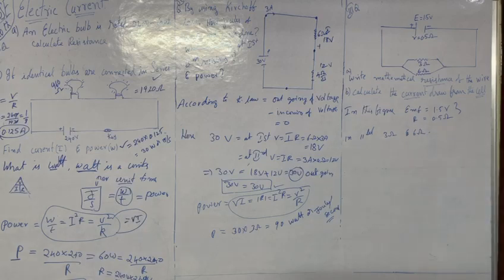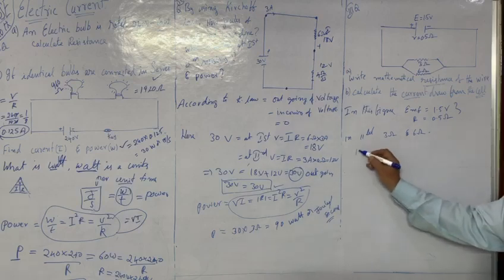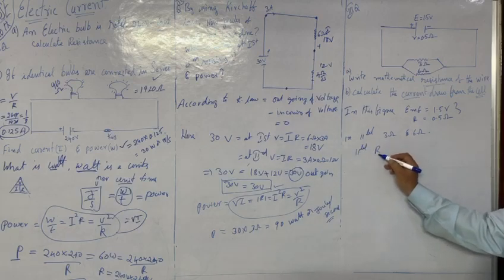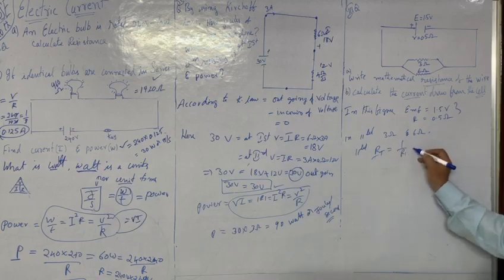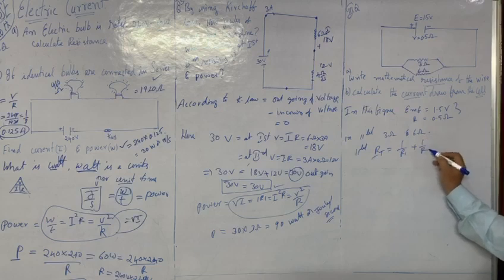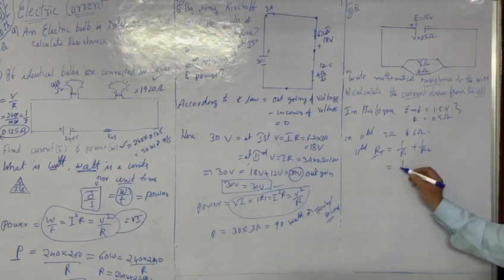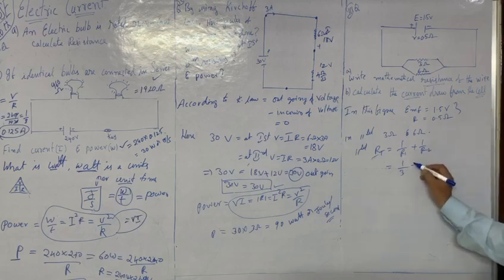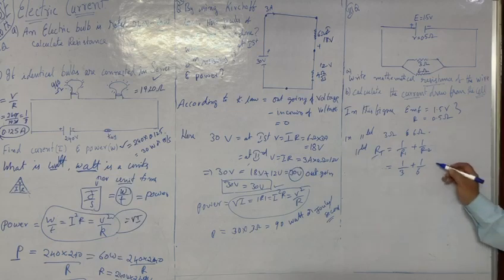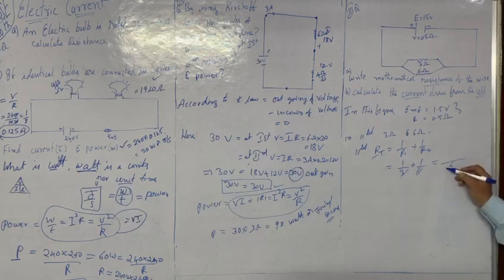Now what is the resistance formula for parallel? RT is equal to 1 by R1 plus 1 by R2. 1 by 3 plus 1 by 6. The highest number is 6, so take 6. 2 plus 1 is 3 by 6, that is 1 by 2.